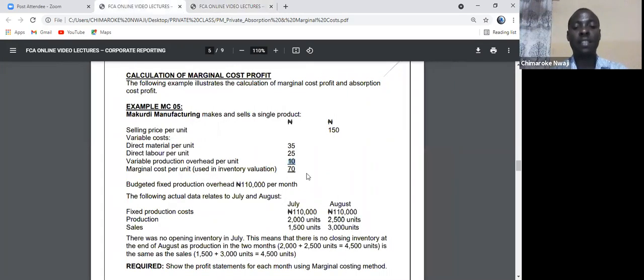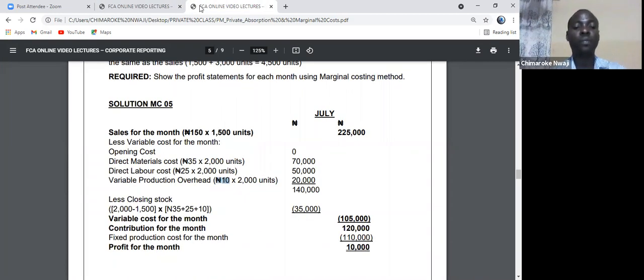And this 70 naira is what is going to be used in inventory valuation. So 70 naira multiplied by 500 gives you 35,000 here. So this is your closing stock.